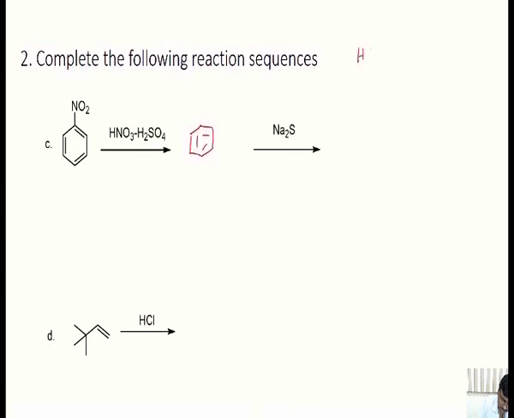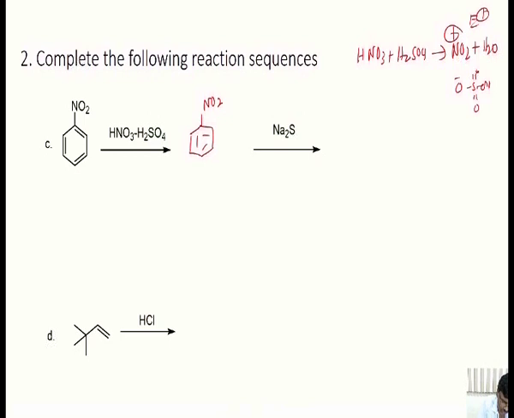When you take a mixture of nitric acid and sulfuric acid, you will be able to form NO2 plus, which is the electrophile, which can undergo reaction with this aromatic system.